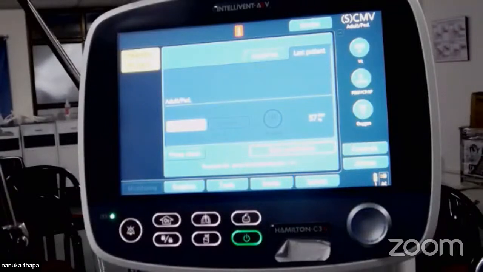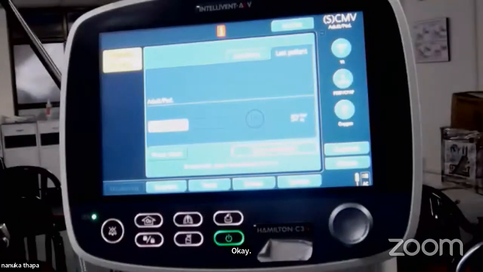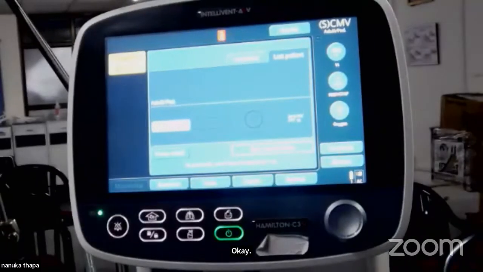The screen is a little bit blurred. Am I audible? Bhuvneshwar, are we audible? Yes.